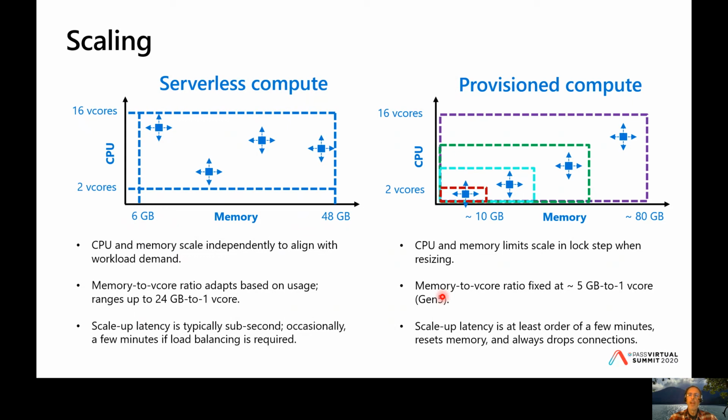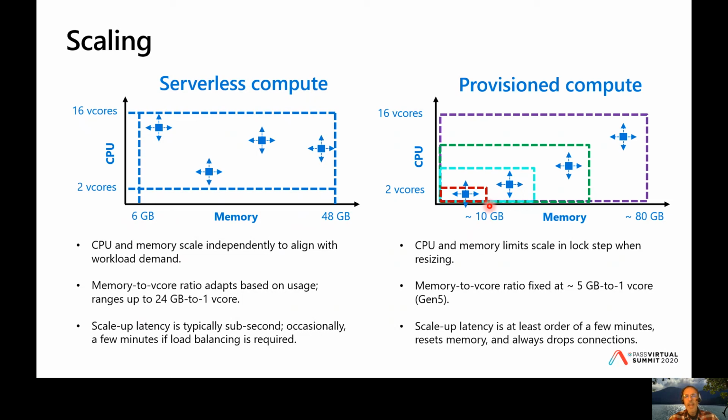Then on generation 5 hardware, that database will also be allocated 10 gigabytes of memory. Now, one of the advantages of provisioned compute is that those 2 cores and 10 gigs are continuously allocated. There's no reclaiming and reallocation of resources under the hood.